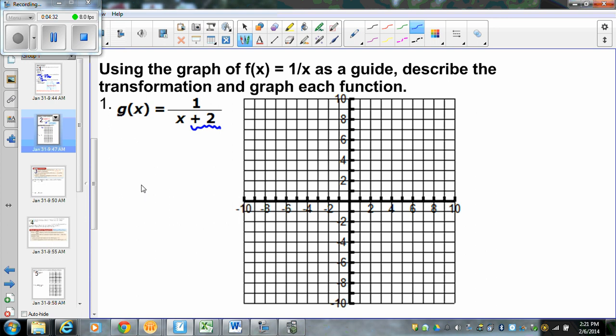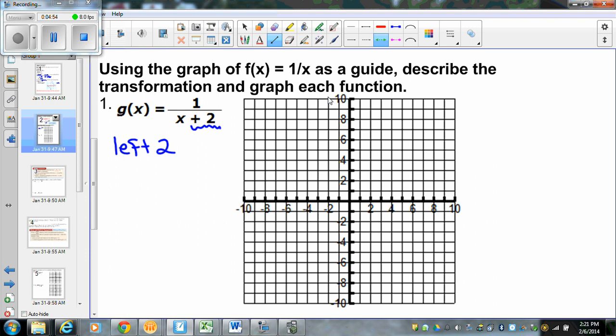If you remember, if it's added or subtracted in the denominator, then that is a horizontal translation. And we do the opposite of what it says, so that would be a translation left 2. So that means that everything translates to the left 2. The horizontal and vertical asymptotes go to the left 2.